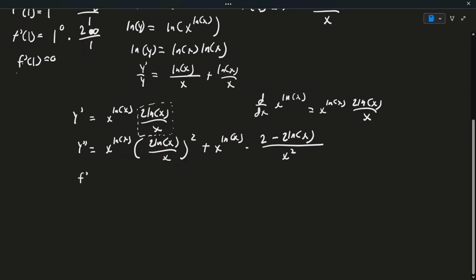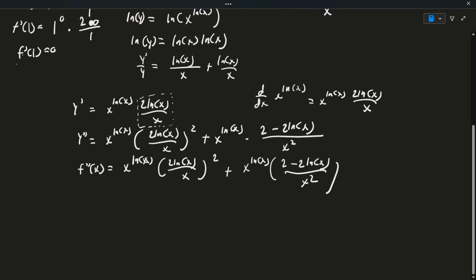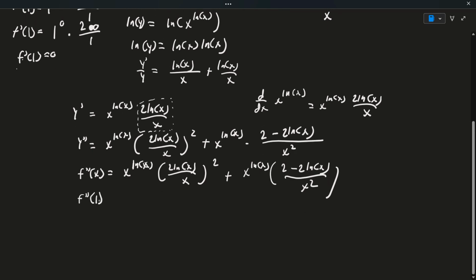So finally, f double prime of x will equal x to the ln of x times 2 ln of x over x, all that squared, plus x to the ln of x times 2 minus 2 ln of x over x squared. Now we just need to plug in 1. Final step.